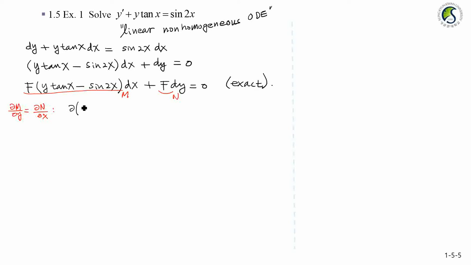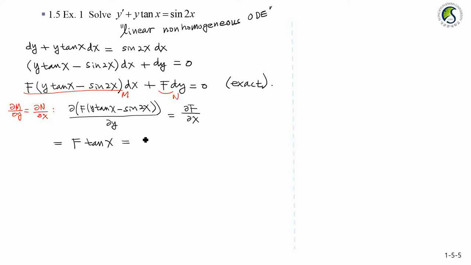So the partial derivative of f times (y tangent x minus sine 2x) with respect to y equals the partial derivative of f with respect to x. In terms of y, the first term is just f times tangent x, and the second term has no y terms, so it becomes 0 on the partial derivative with respect to y.